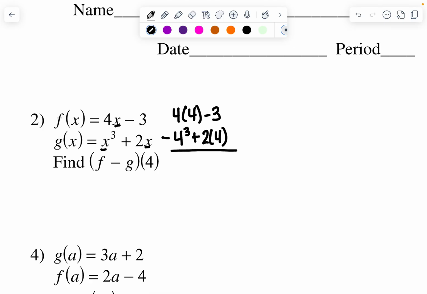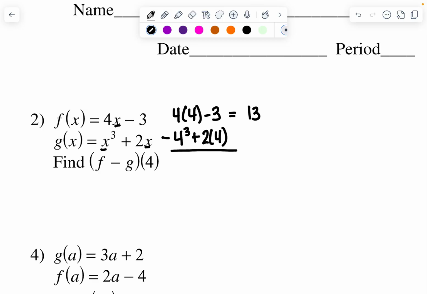So you could actually put that all in Desmos. So 4 times 4 minus 3 minus 4 cubed plus 2 times 4. So this would be 16 minus 3, be 13.